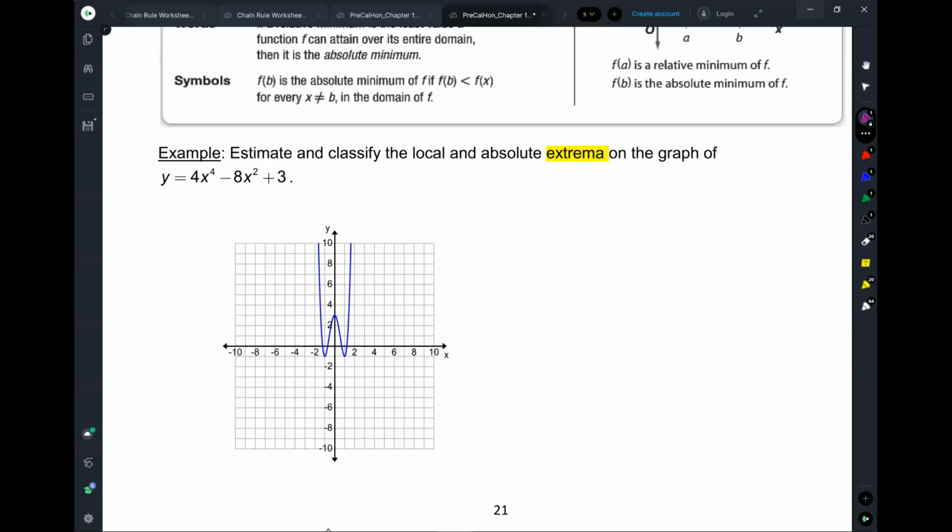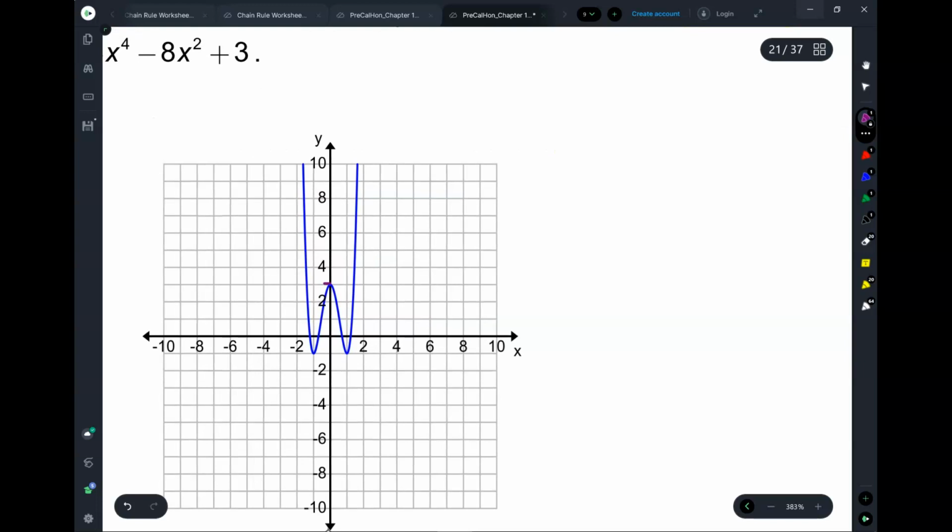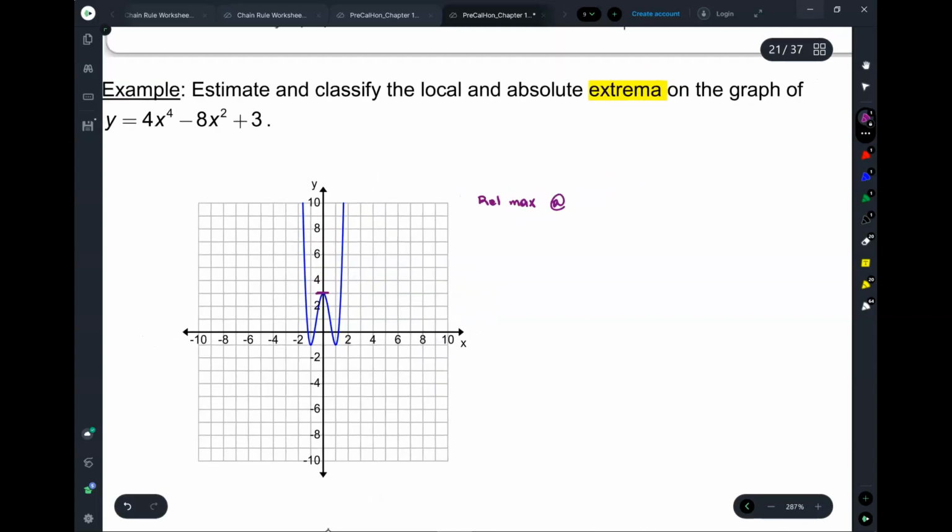Okay, why don't we go for a maximum first? Do you see how this is a maximum? This is a point where the graph increases and then decreases. That's a maximum. Is that the absolute maximum of this graph? Is that the highest point? No, right? So there is a relative max at, okay, and there are two ways of writing this.